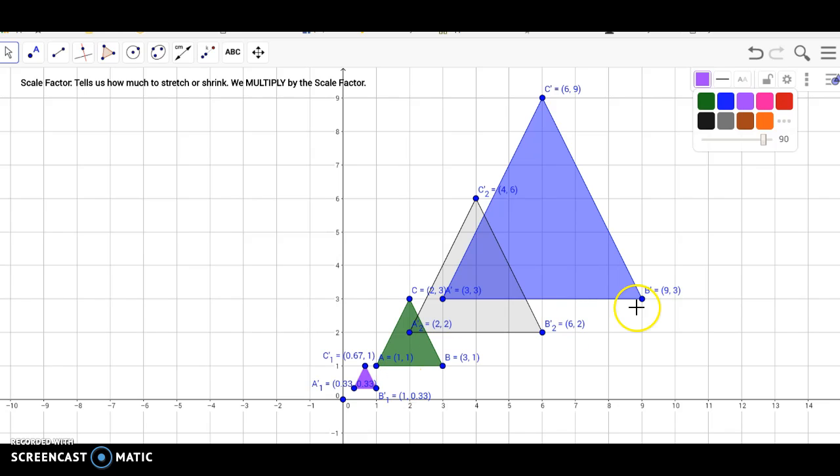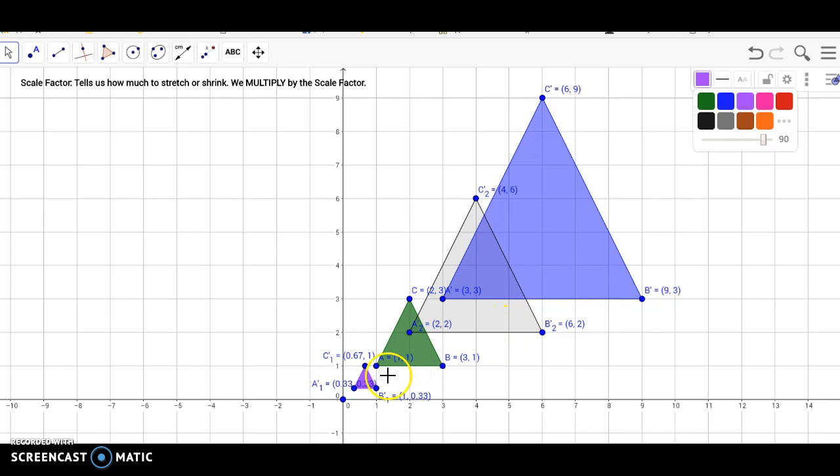So I went from 2 to 6 because 2 times the scale factor 3 is 6. This one I dilated by a scale factor of 2 is 1, 2, 3, 4 units long because 2 times the scale factor 2 is 4.